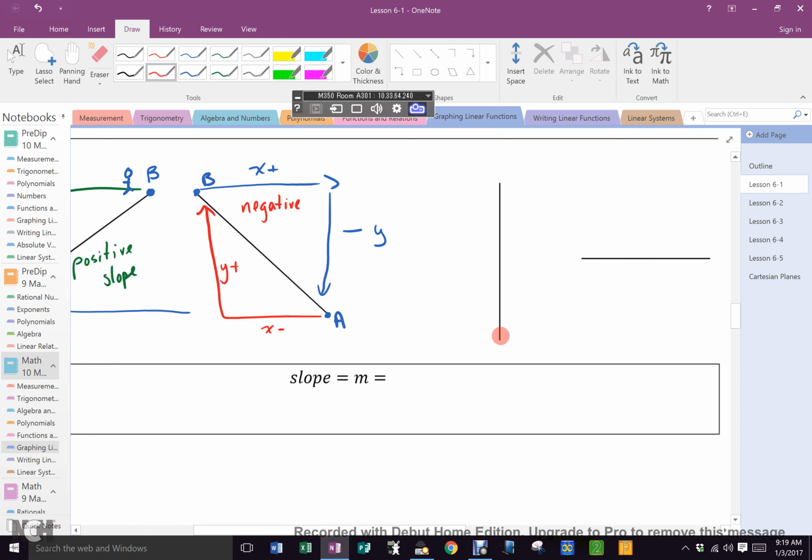Okay, what about this one? B to A. What's happening? There's only one changing, yeah? Which one's changing? It's either negative y or positive y, yes? Is x changing at all?